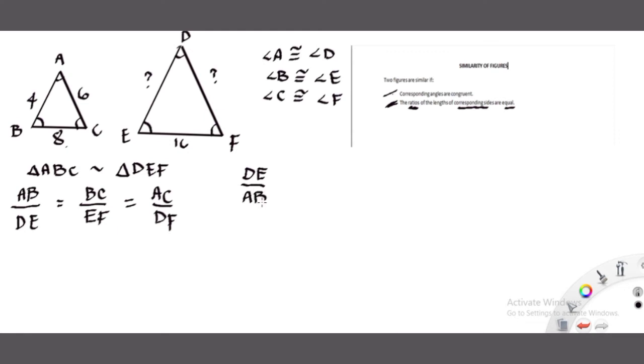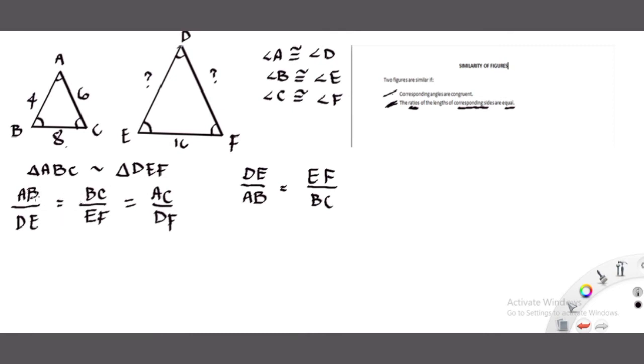DE over AB is equal to, kailangan ratio na complete dito sa other side of the equal sign. So that is BC tsaka EF. And since sa numerator yung DE, sa numerator ko rin isusulat yung EF. EF over BC.